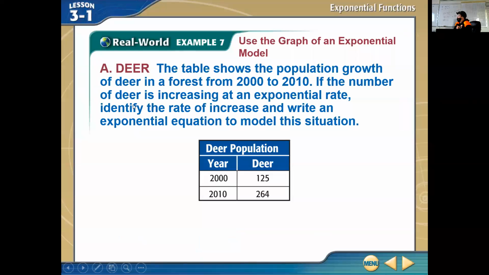Identify the rate of increase, which we did. It's 0.0776. And write an exponential equation to model this situation.